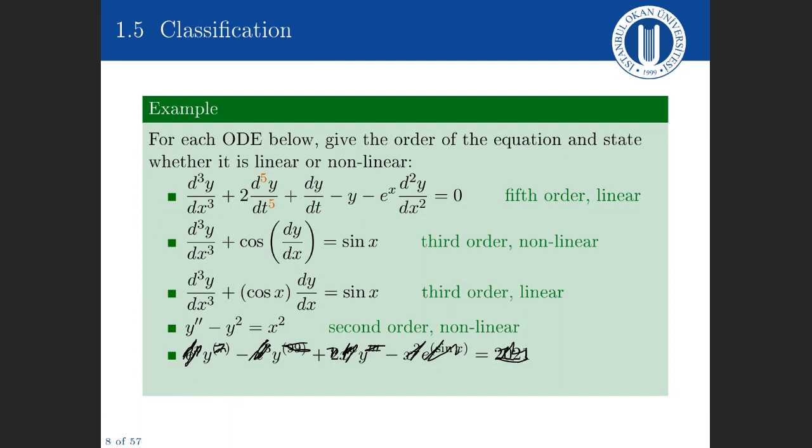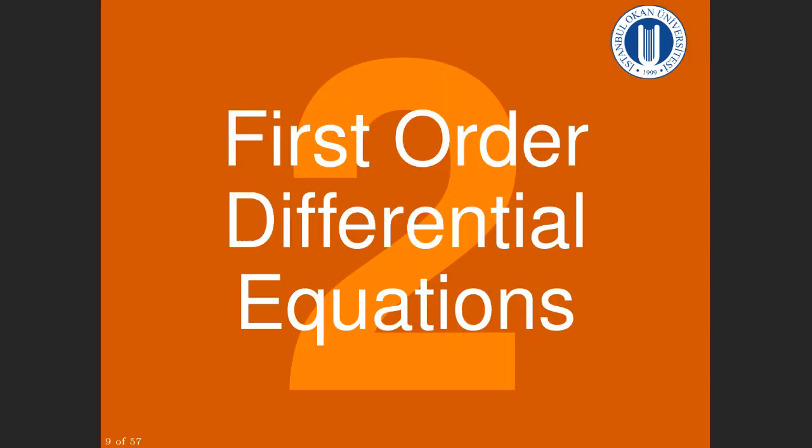So this equation is linear. This is a 99th order linear ODE. And that's classification finished. Now we're going to move on to talking about first order differential equations.